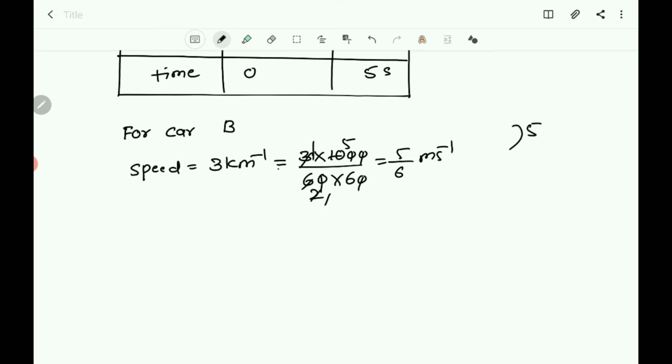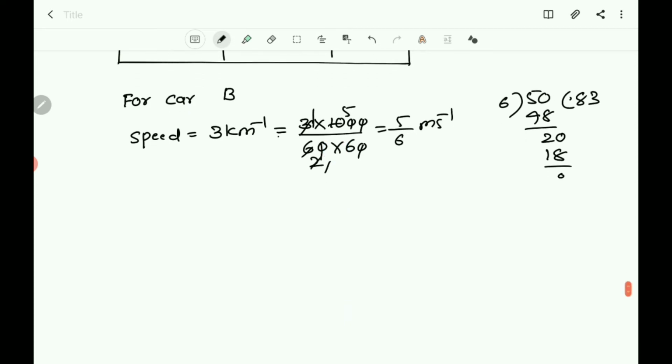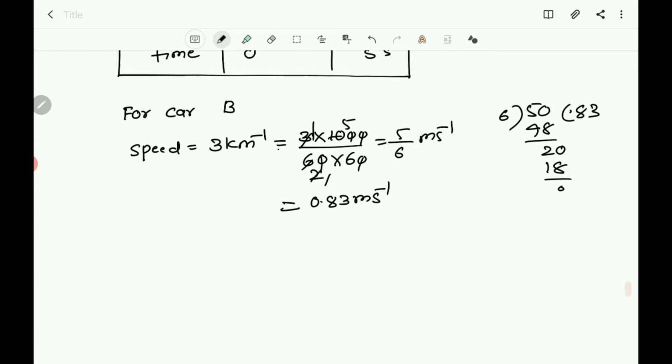If you want to convert that into decimal form, put 0 here, 6 8s are 48, 50 minus 48 is 2, so put 0, then 6 3s are 18, so approximately it is equal to 0.83 ms to the power of minus 1.